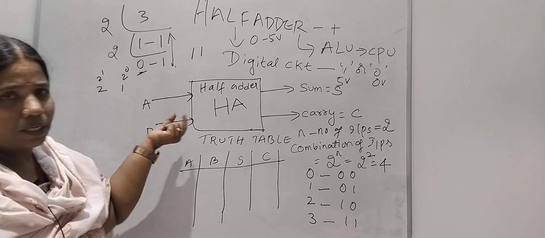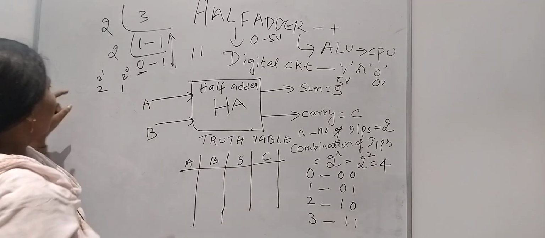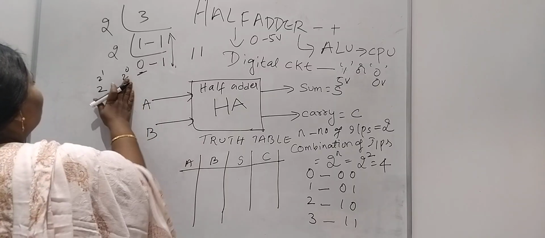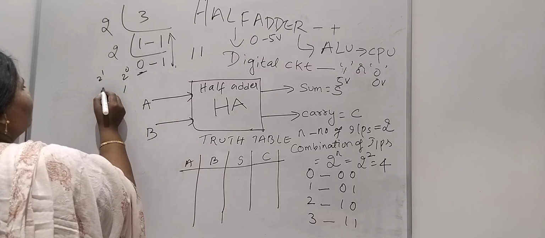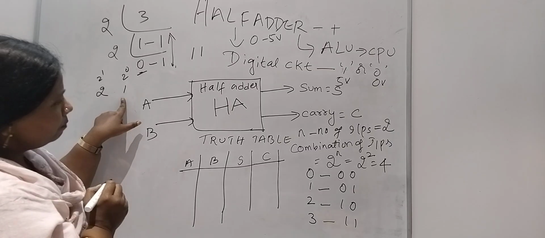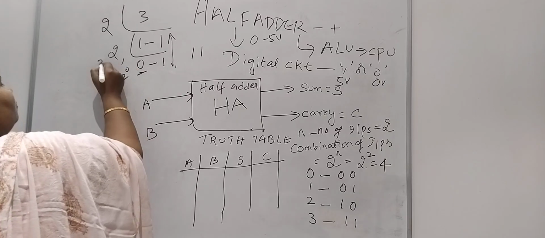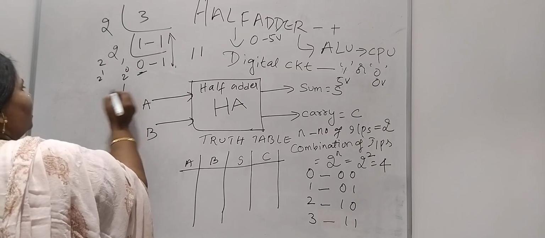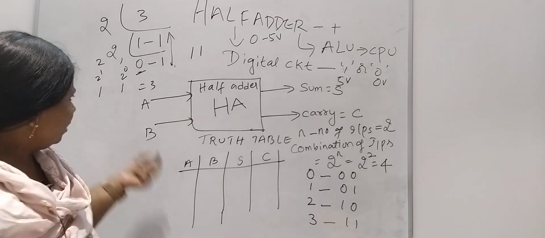Here, only 2 bits, 2 to the power of 0 and 2 to the power of 1. So to get 3, what do you have to do? 2 to the power of 0 is nothing but 1. 2 to the power of 1 means 2. So if you add 2 plus 1, it is equal to 3. So in this place, this is 1 and 2, and if you add this and this, you get 3. So in this way also you can write.